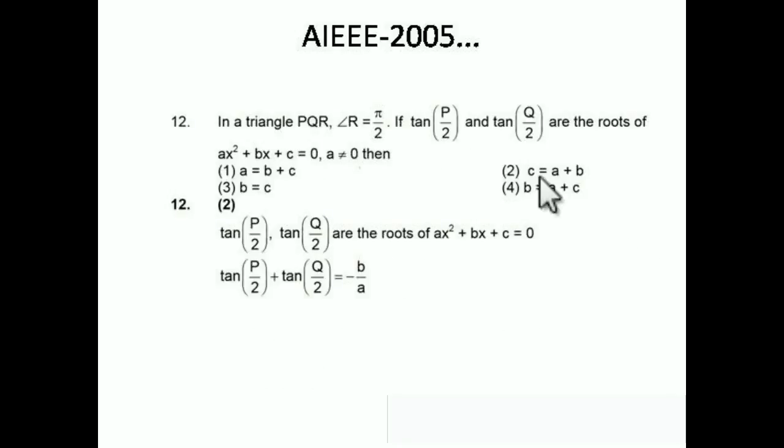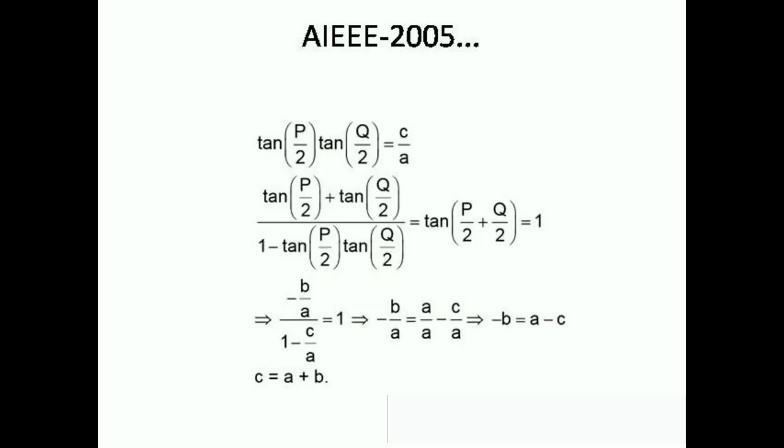Now tell me, what is the value of tan of p by 2 plus q by 2? If we apply the formula, it becomes tan p by 2 plus tan q by 2 upon 1 minus tan p by 2 into tan q by 2. And now p plus q by 2. Now p plus q is pi by 2.